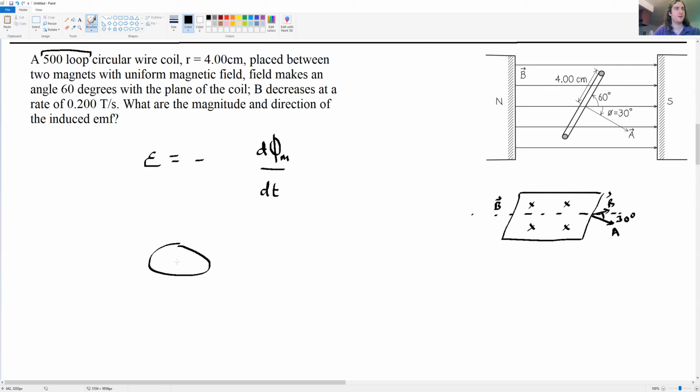So there's a change in flux for this ring. But if I put a second ring on top of it with the same dimensions, I have 2 times that amount of change. If I put a third ring on top of that, I have 3 times. So if I put 500 loops on top of each other, I have 500 times the magnetic flux change. So you simply multiply by the number of turns.